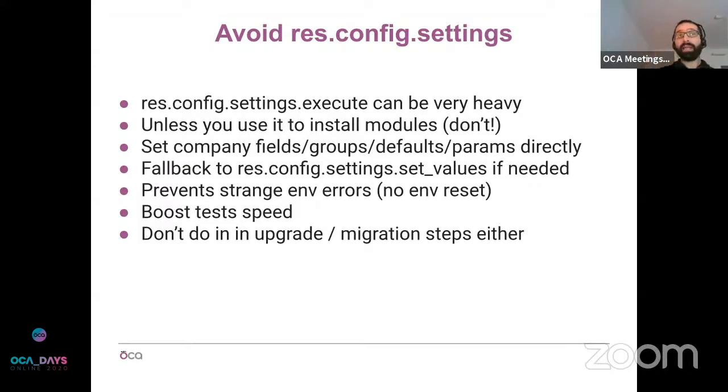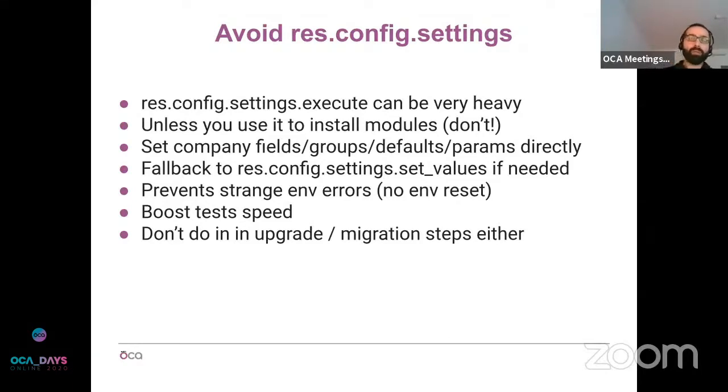And then, since all the fields in there correspond to company fields, or adding groups to the default user, or setting defaults or config parameters, please add those kinds of settings manually, directly. So if you need a group, assign a group. If you need a default, create a default, and so on.